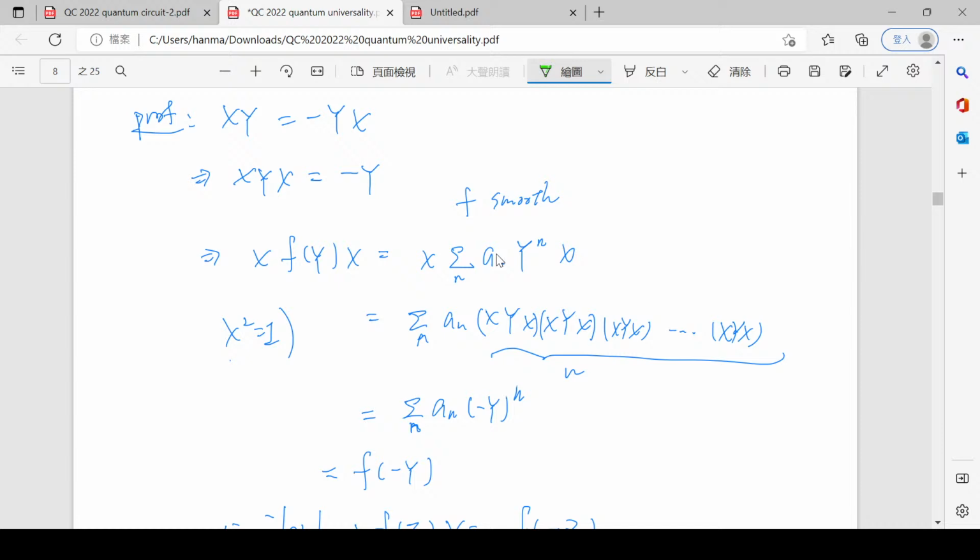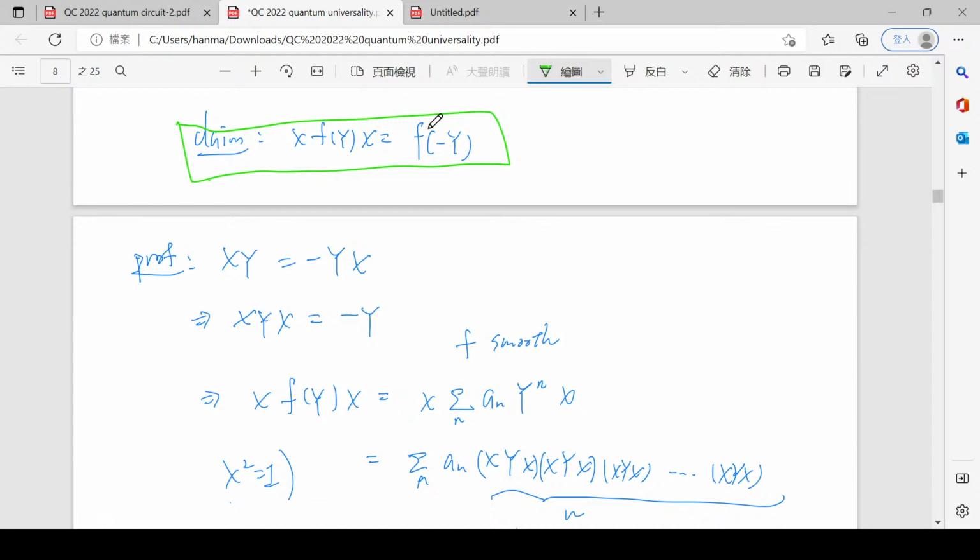So f(y) is the summation of a_n times y to the n, and then we can just put in a lot of x between those y's. Think about y to the n as n y's here, and then we can just put in x times x between all the y's because you know x squared equals identity. Then you add some parentheses, then all those xyx equal minus y. So this is just a_n times minus y to the n. That's f of minus y. Okay? So that's a proof of this.